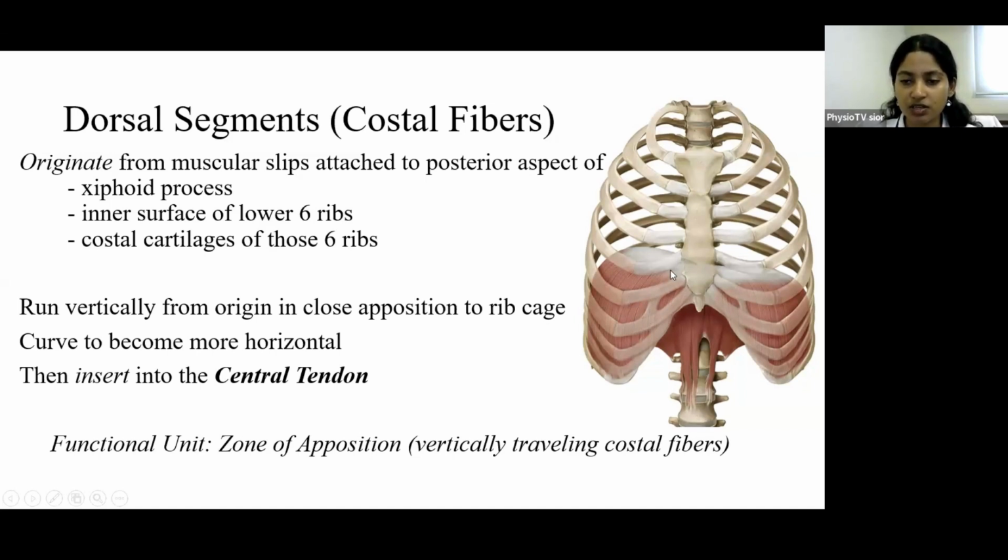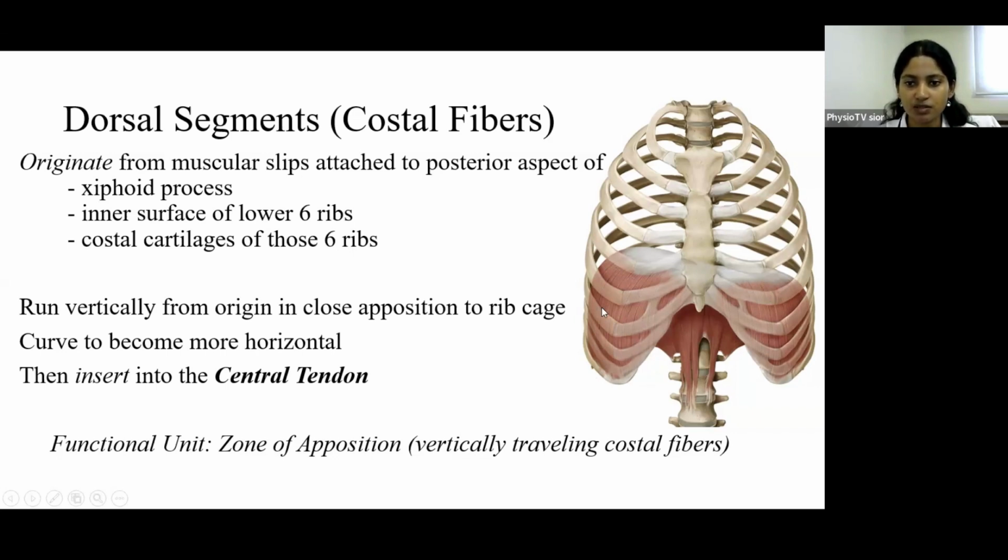So the costal cartilages of the lower six ribs is from where these segments arise. Again, as you can see from the picture, they run vertically in close approximation or apposition to the rib cage. After running vertically, they then turn horizontal and insert into the central tendon.